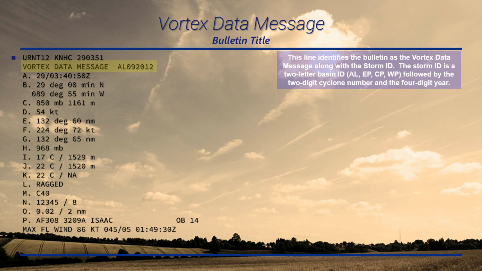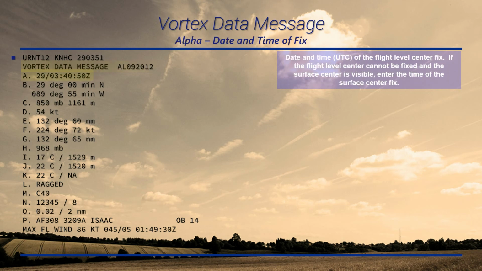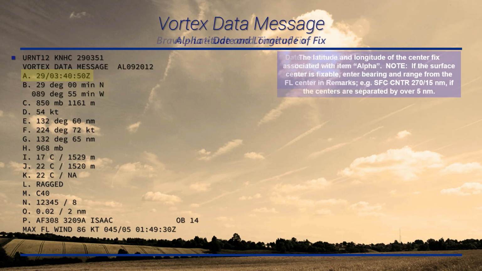Alright, now we get into the lines of the bulletin. Item Alpha, this is simply the date and time of the fix. This is going to be the flight level center fix. If you can't get the flight level center, they'll encode the surface center, but generally this is going to be your flight level fix. Item Bravo, simply the latitude and longitude of that fix.